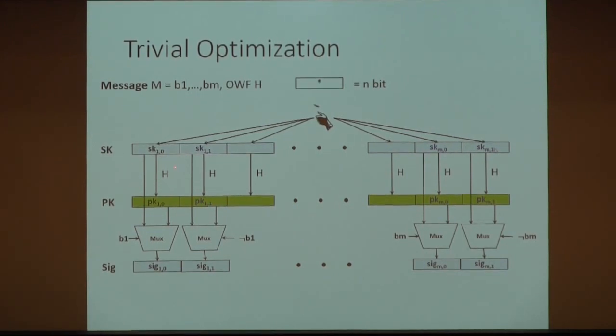So if, for example, the first bit is 0, we would output SK10 and PK11. And the other way around, if the bit is 1, then we would output SK11 and PK10. This might seem a bit stupid at first because we're actually increasing the signature size without gaining anything.